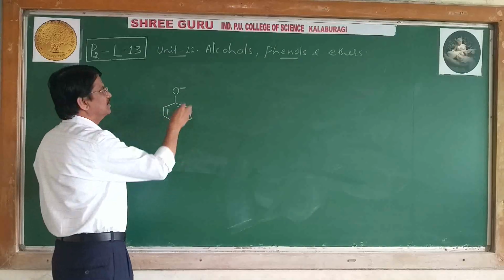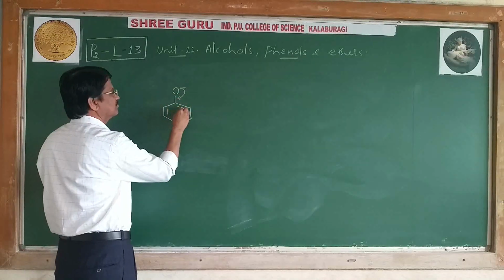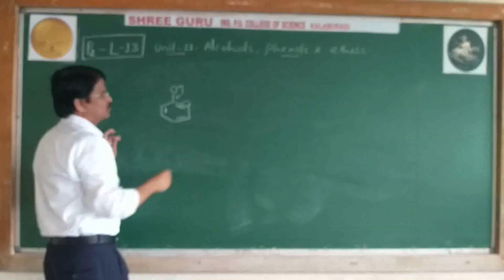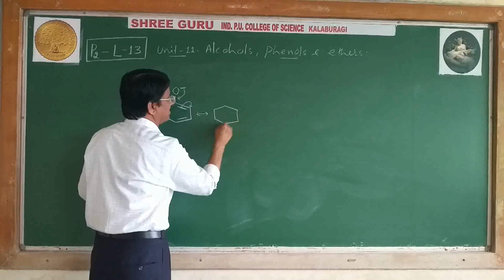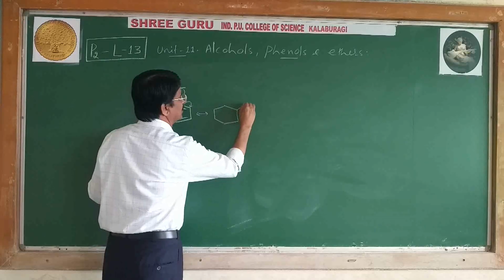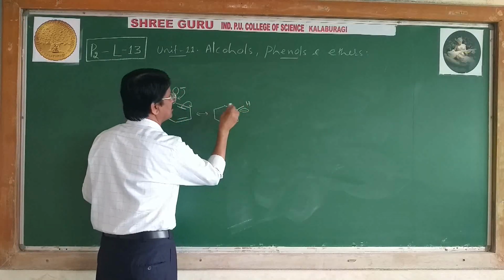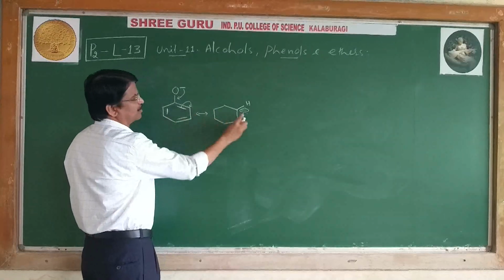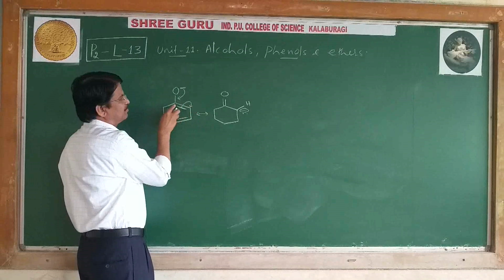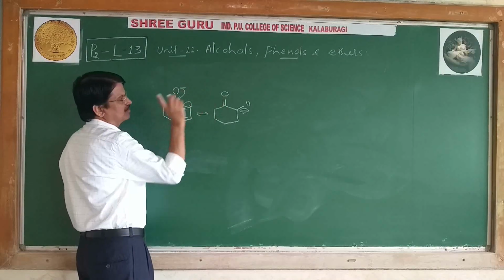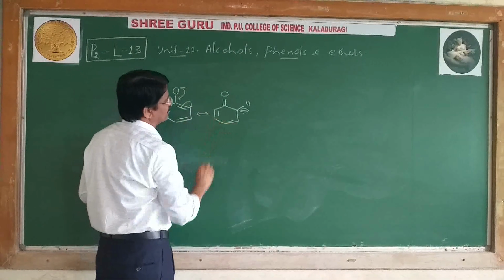Phenoxide is an active ion, and that undergoes resonance. Here is the negative charge. This bond equals 2 electrons. Here a double bond, because when the pi bond shifts here, this negative forms a bond. These two remain as they are.